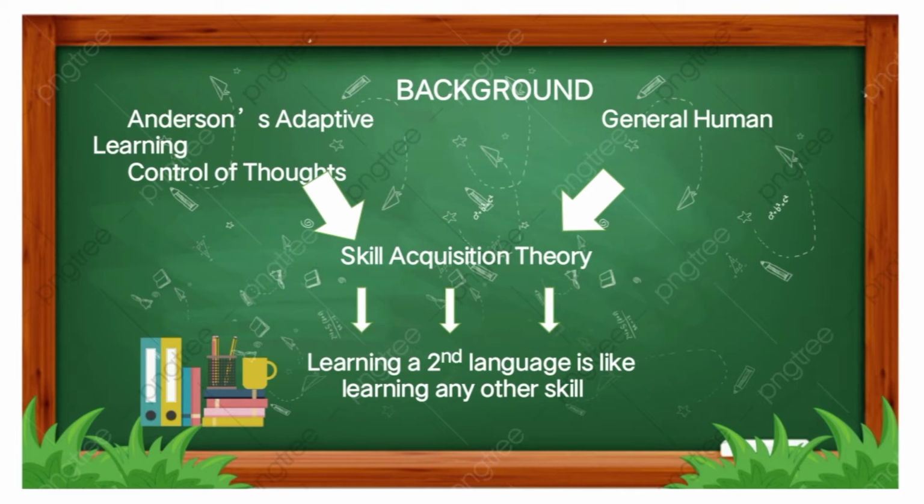In second language acquisition, there are a number of theories which have been devised based on the model of skill acquisition in cognitive psychology. This theory falls under the category of general human learning, which focuses on language learning as a process of human learning.